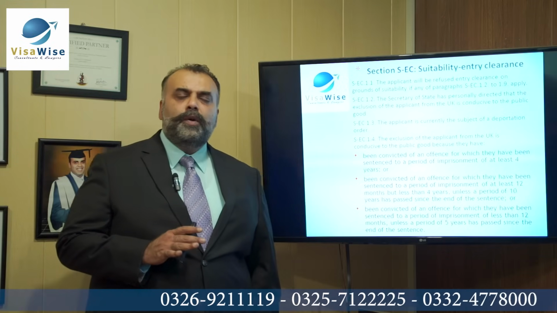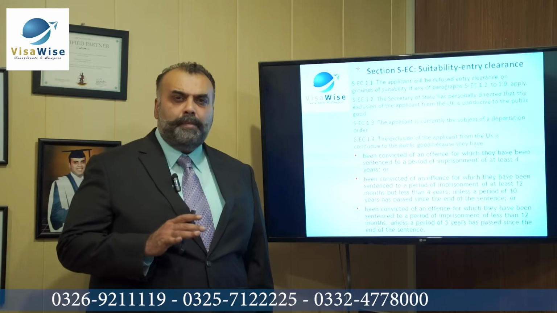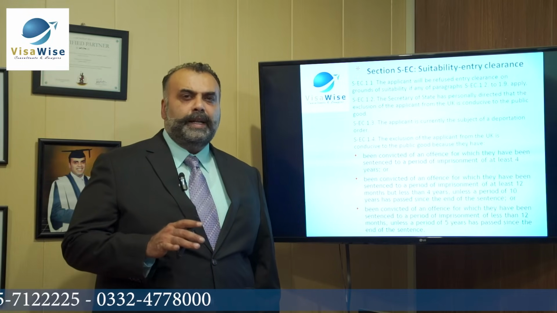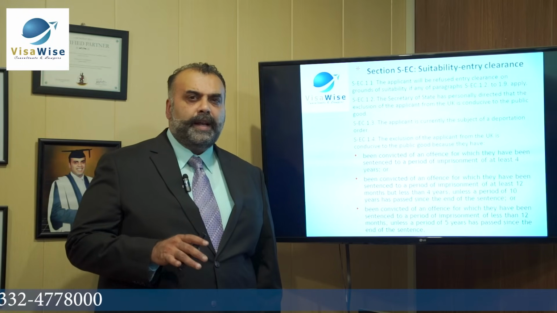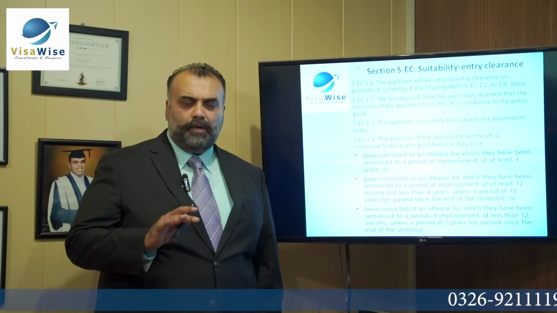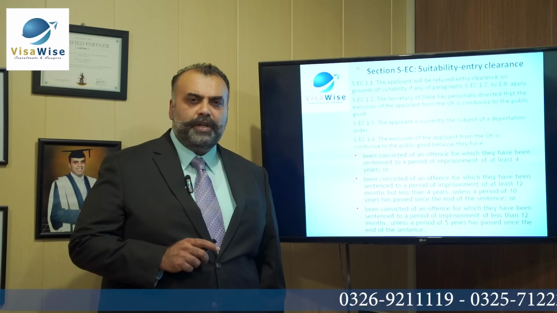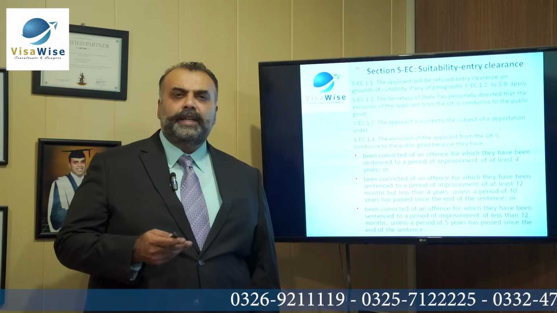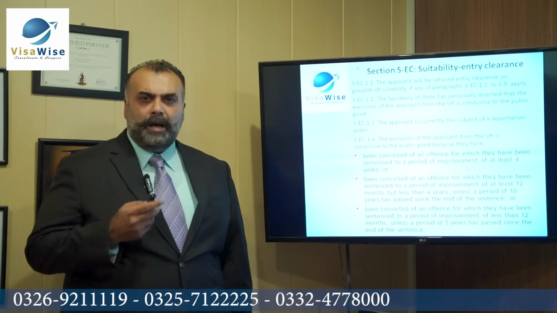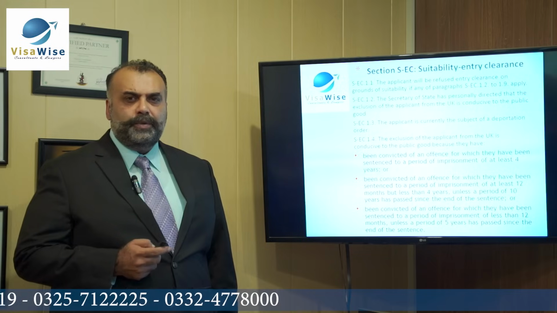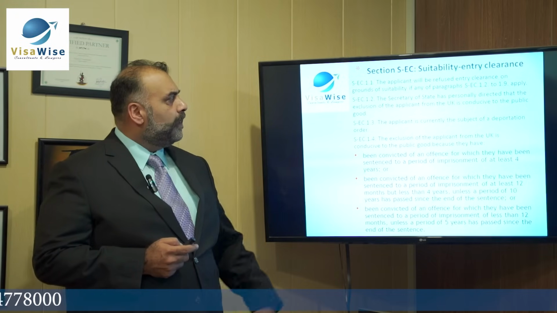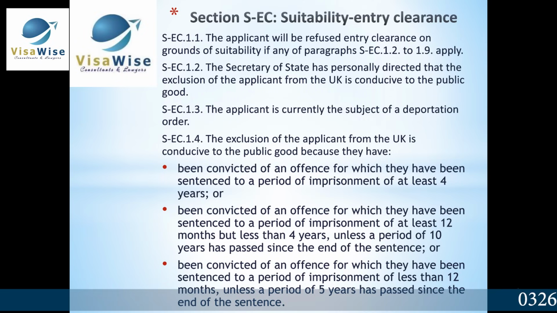So this public good factor is paramount to establish whether the person who's submitting the application has a good character. He has never abused the immigration rules in the past or frustrated the immigration control in a way that does not establish that you are a person of good character. And it also talks about deportation factors.